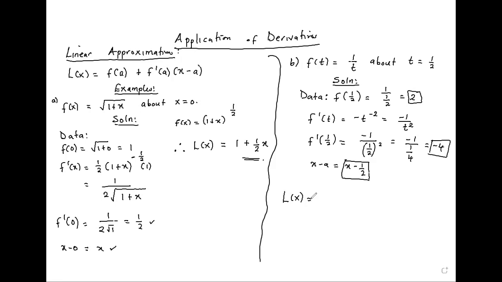So this is t. So in fact, I was supposed to use t here also. So it should be t minus a, which is t minus half. This is the information we want.